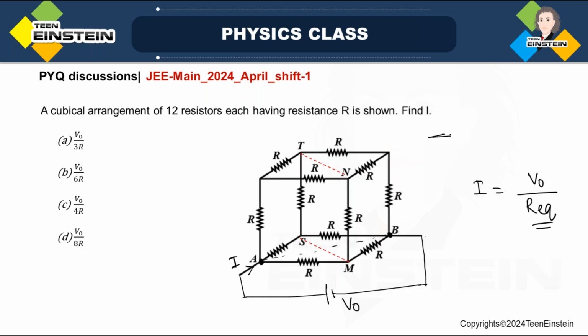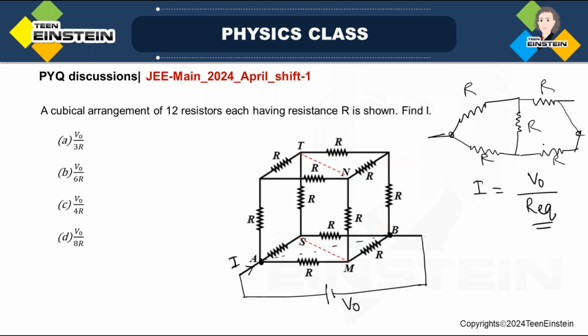Look, suppose I have a resistor like this, then one resistor in between, then another resistor like this. All resistances are identical, R, and this is also R. So what is the equivalent resistance between these 2 points?